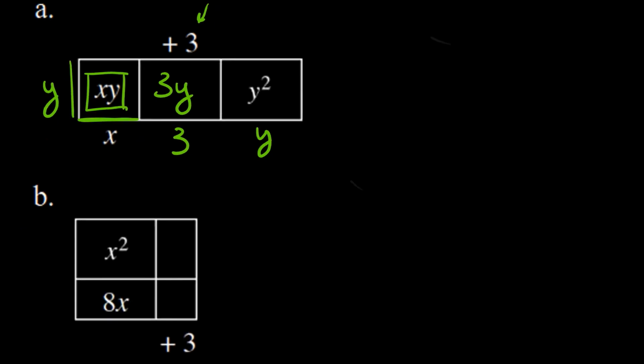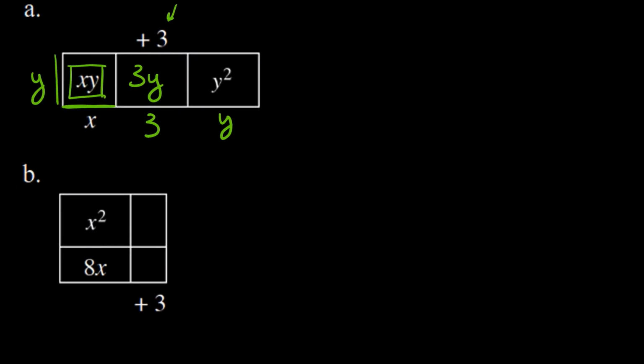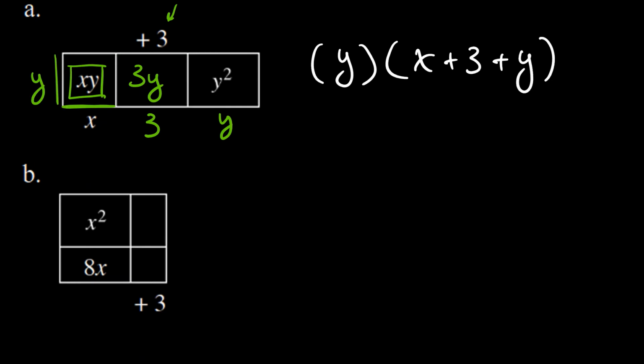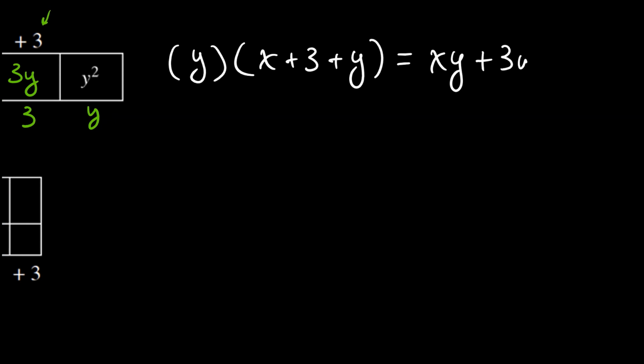So I'm going to write the area as a length times width, right? So the area's length times width would be simply y times x plus 3 plus y. And that is equal to xy plus 3y plus y squared.